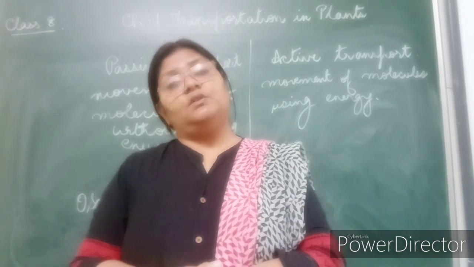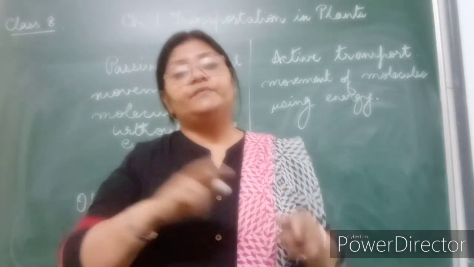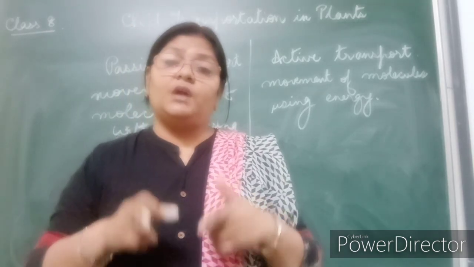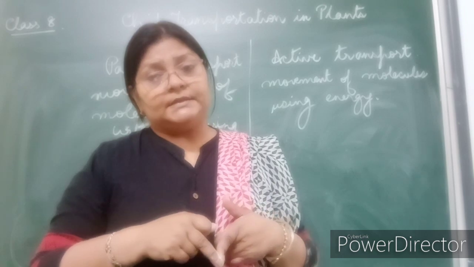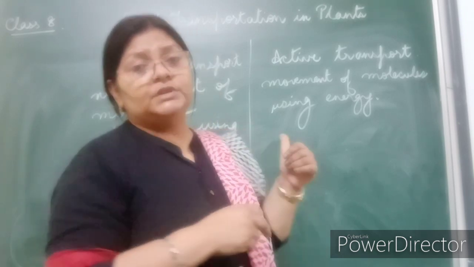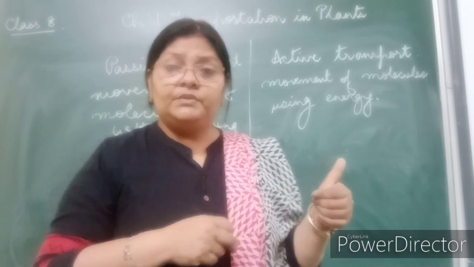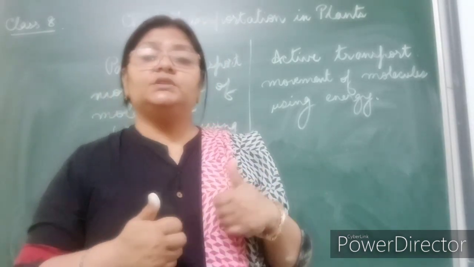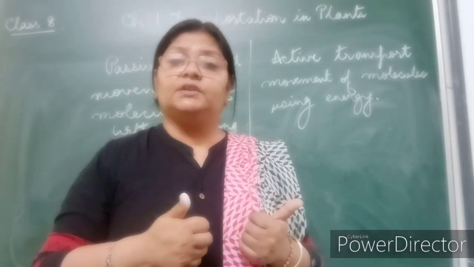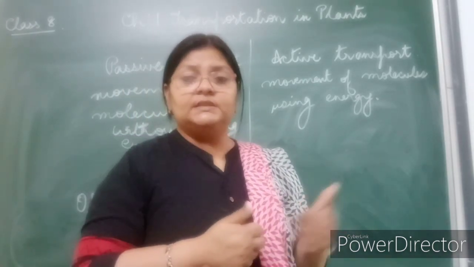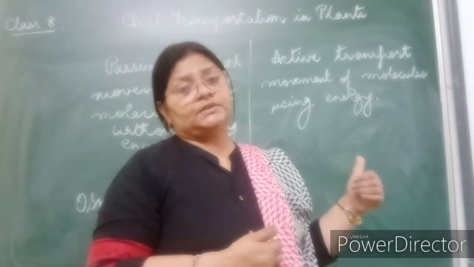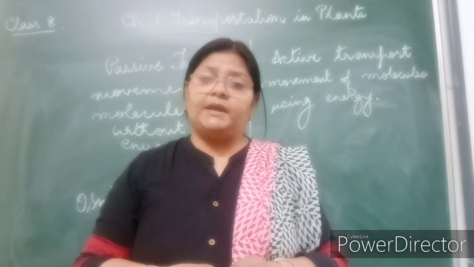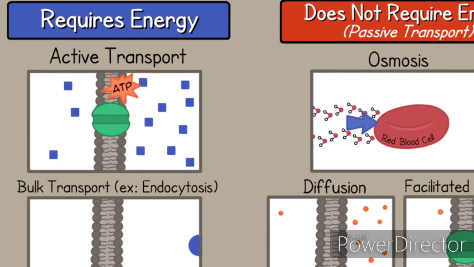So the concentration of minerals inside the cell sap is much more than the concentration of minerals in the soil. So how does the mineral enter the plant? It is by using energy. Why? The minerals are moving from a region of low concentration, that is soil, to a region of high concentration, that is inside the roots. So therefore, it needs energy. Such a process is called active transport. We will understand this by experiment.